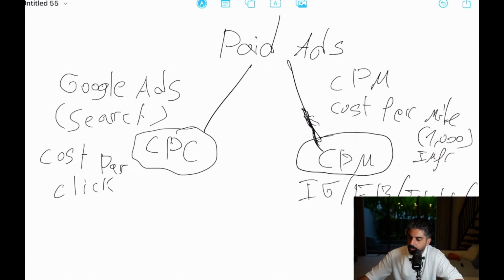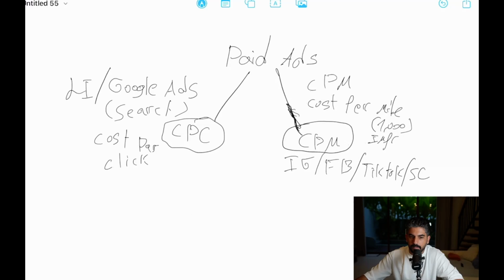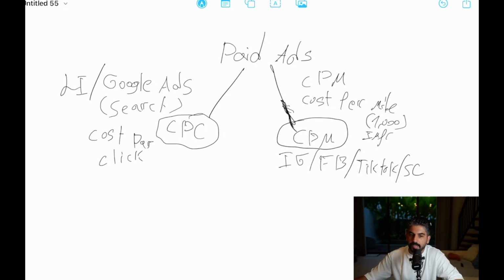Here you have Google Ads and LinkedIn, which are on this side of the spectrum, on the CPC.